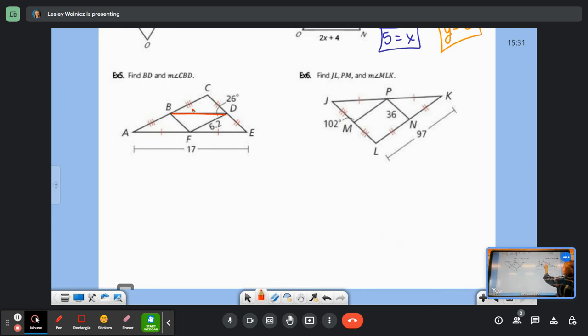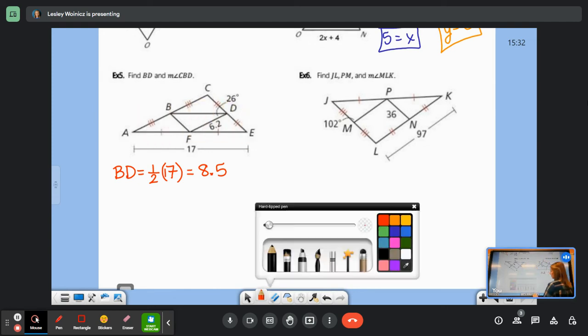That means it has to be parallel to the side AE, and it has to be half of its length. So BD is 1/2 of 17, which is 8.5. Okay, now that was the fun, easy part.